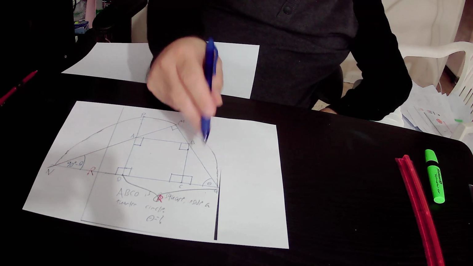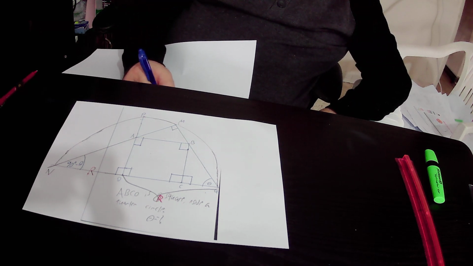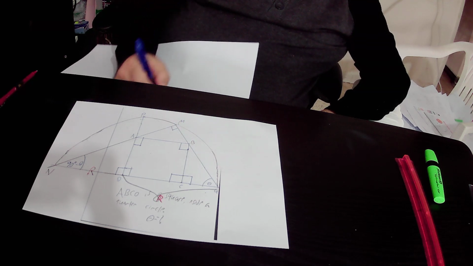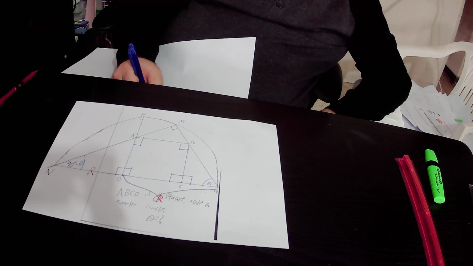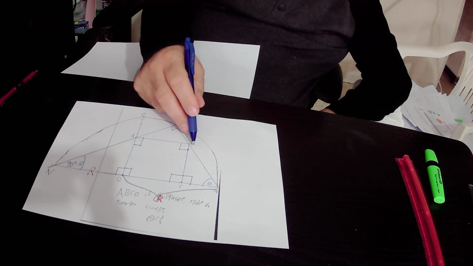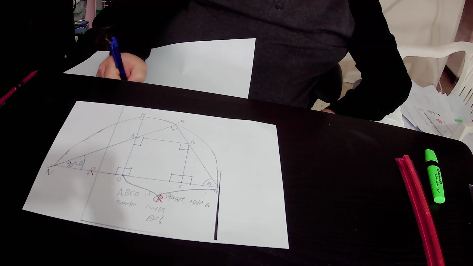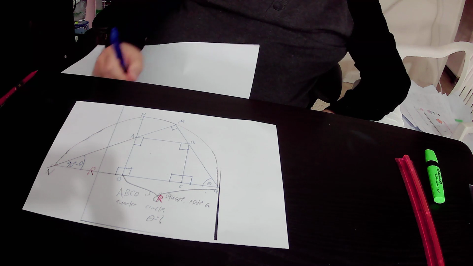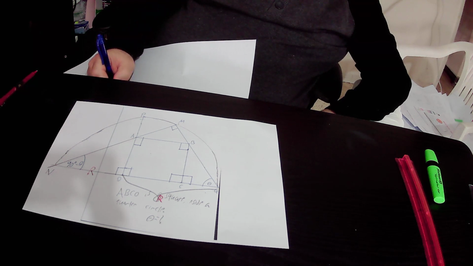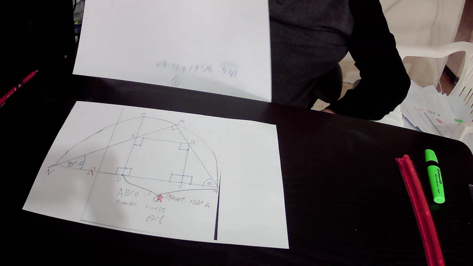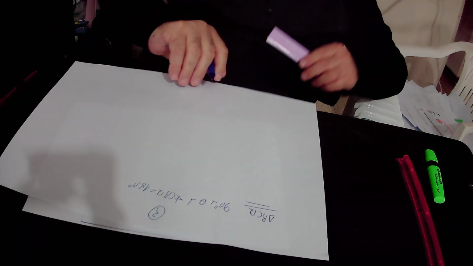We have here 90 degrees. We have also angle theta. And we have also this angle that is actually angle CBQ. In total, the sum of those three angles must be equal to 180 degrees, according to the rule that the sum of the angles in any triangle is equal to 180 degrees.